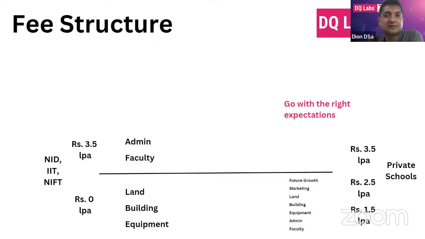The fee structure may not get you all the faculty from NIDs and IITs, but there will be some key faculty who are from NIDs and IITs, right? You may not get the best of infrastructure, you may not get the best of equipment, but you'll get some good stuff, right? We would still say, whatever you choose, go with the right expectations.